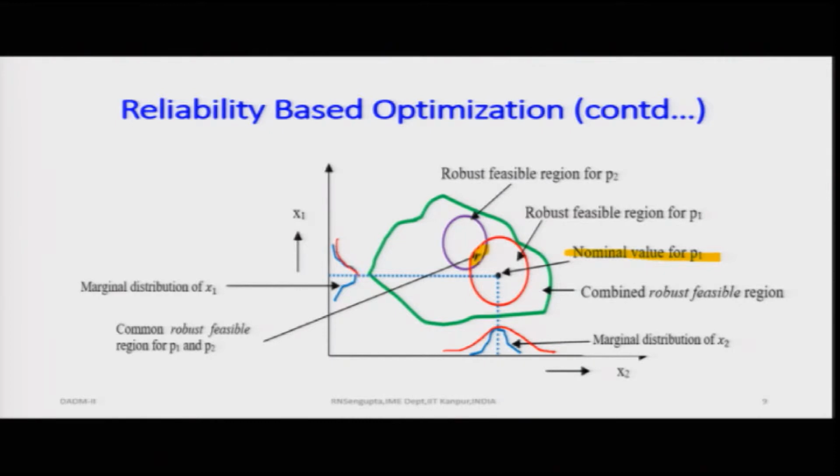Again, as already explained, with the variance being the same it will be a circle, and with the variability being different it will be a rugby ball, depending on how high or low the variability is along the x1 and x2 directions, considering you have x1 and x2 only.